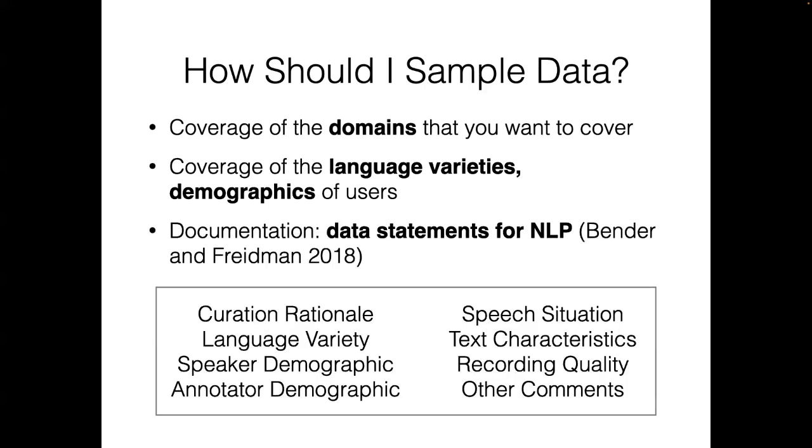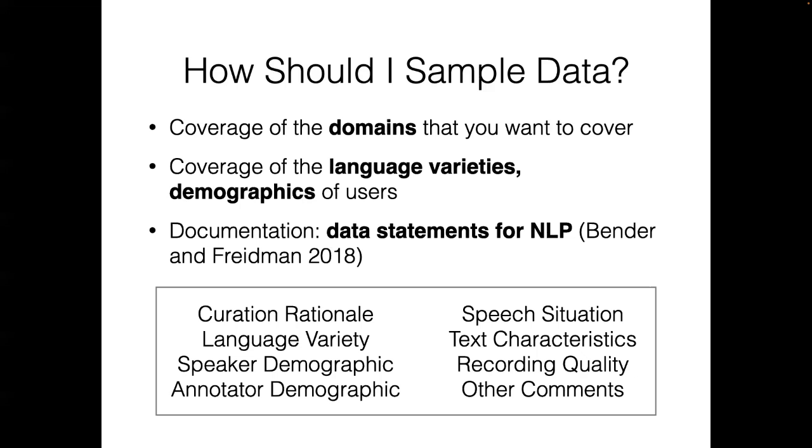And then there's a question of how you should sample data. So again, it was in the pre-training lecture, but the ideas apply to any time you're collecting data. You want to consider the domains or the tasks that you're trying to cover, the language varieties, or the particular demographics.